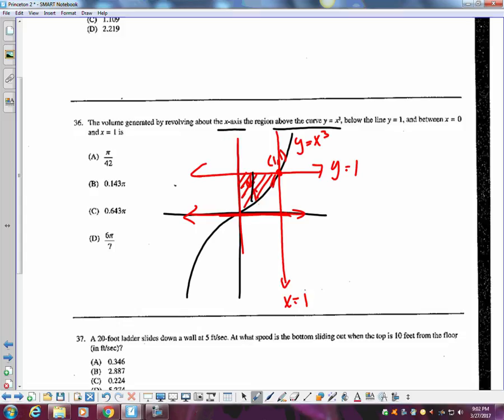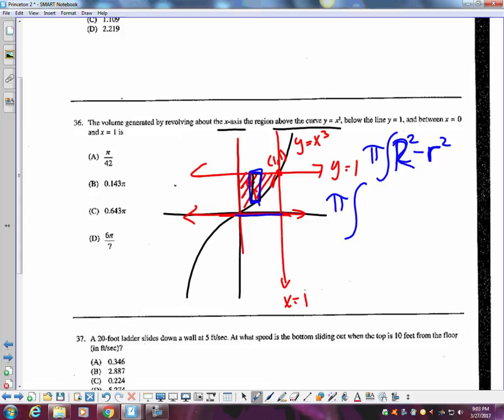I'm going to slice it vertical because I like to be vertical. That puts me perpendicular to the axis of rotation. That means I'm either a disc or a washer. This one's going to have a hole in it because my slice does not go all the way down to my axis of rotation. So picture this like a washer or a donut with a hole in it. So I'm going to go pi and then big R squared minus little r squared. So that's the cream-filled donut minus the hole of the donut.